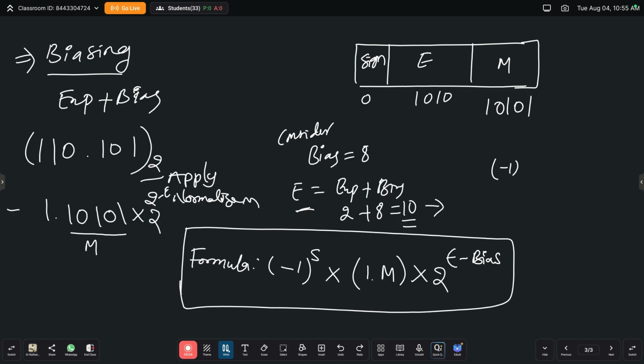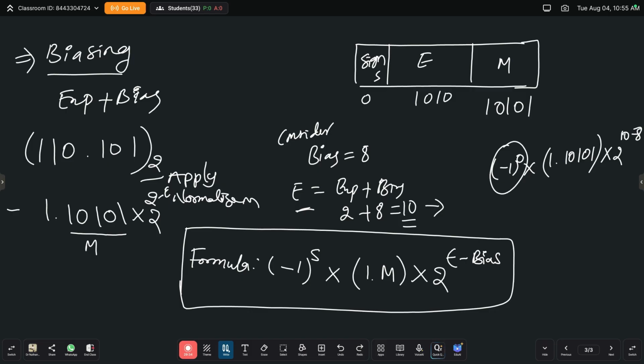S is nothing but your sign. How much? 0. Then 1 dot, what is m? Mantissa, 1, 0, 1, 0, 1, into 2 power. What exponent have you taken? 10. Right? 10 minus, what is the bias? 8.